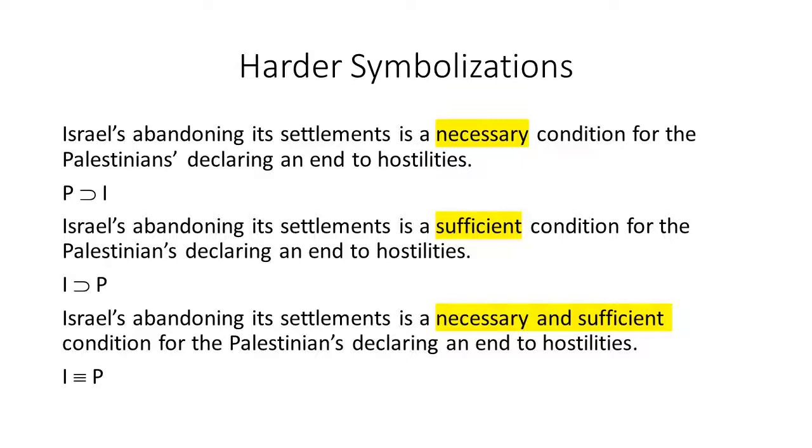So here we have P horseshoe I. The necessary and sufficient conditions are like one another, only flipped. The antecedent of one is the consequent of the other and vice versa.